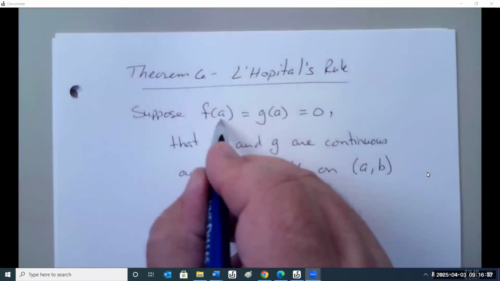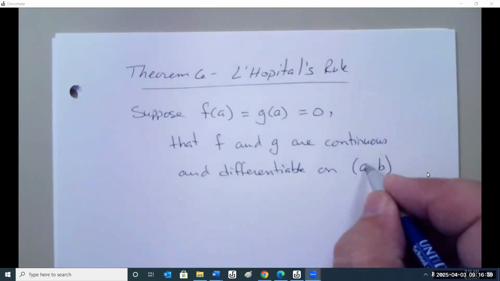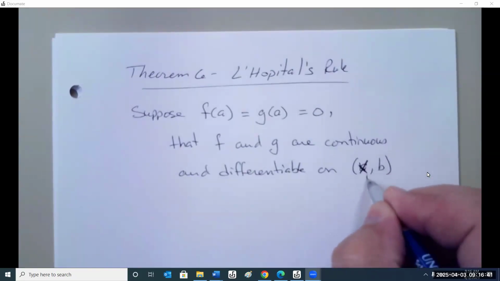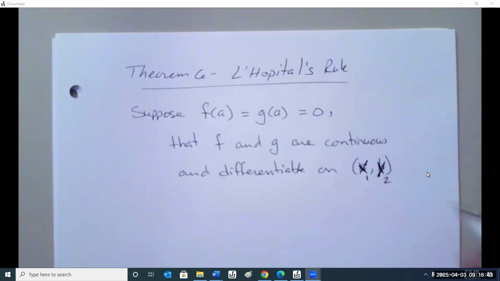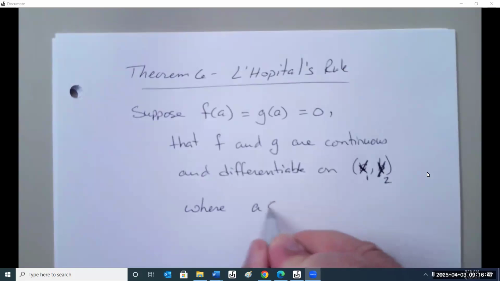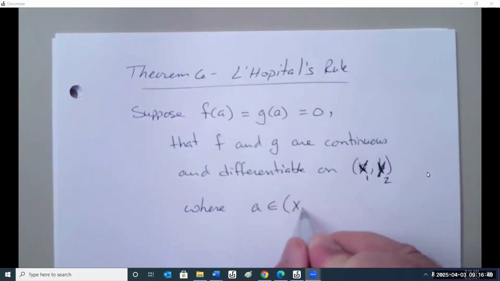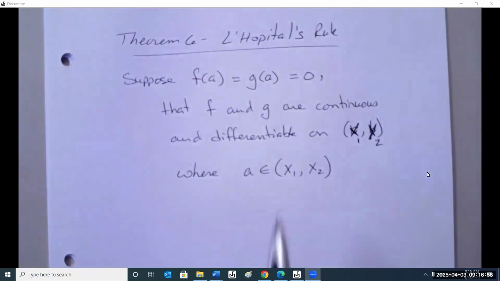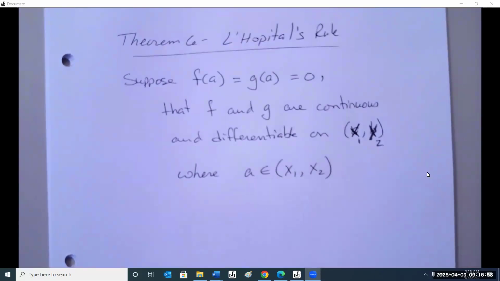Shouldn't use AB, but I'm using A there. So I should use X1 and X2, where A is an element in that interval. It says that A is contained in, is an element of that interval.